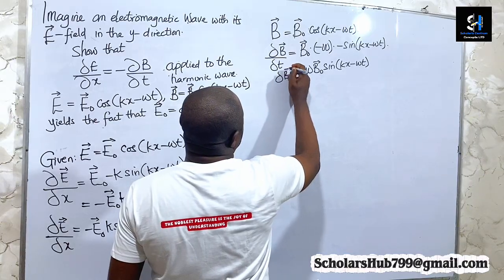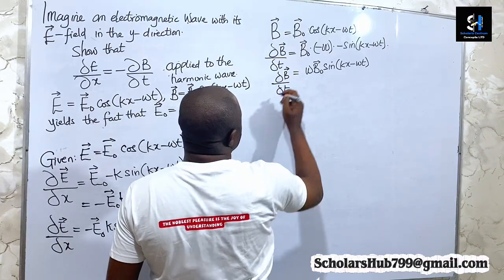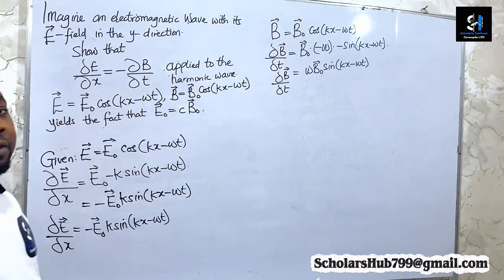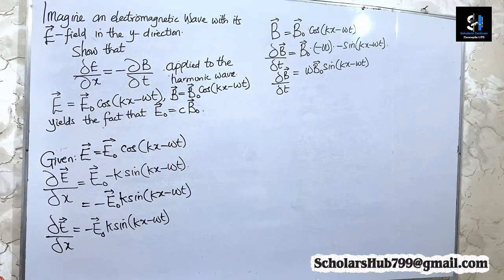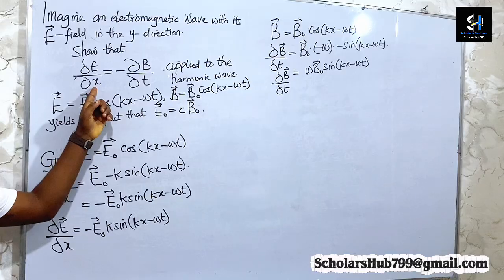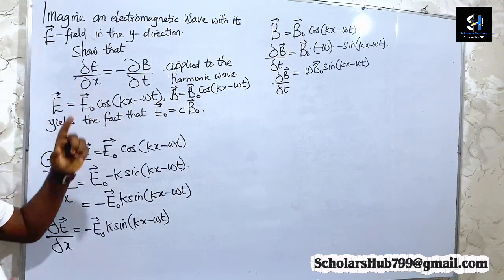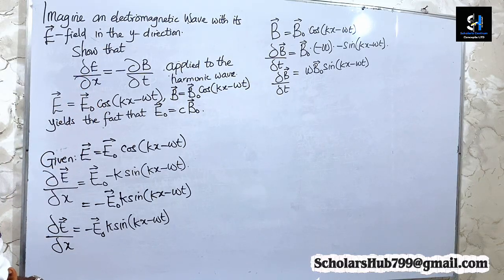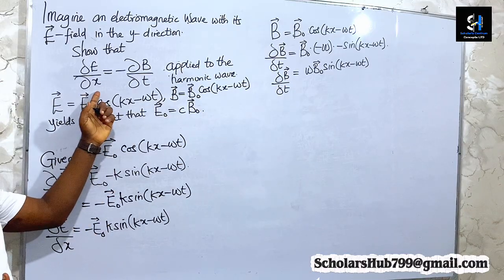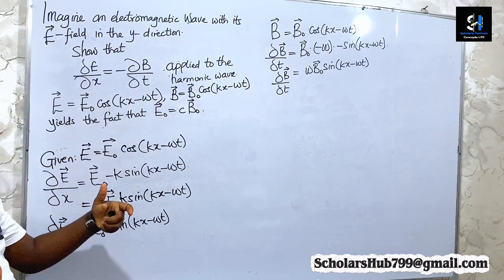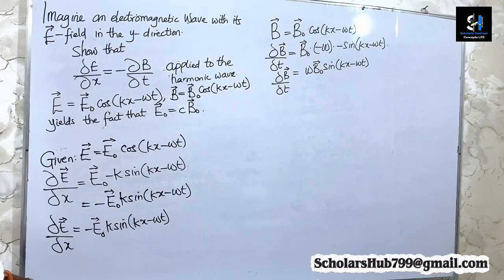That will be equal to the first partial derivative of the magnetic field function with respect to time t. Now, what we have here is that the first partial derivative of the electric field function with respect to x is equal to the negative of the first partial derivative of the magnetic field function with respect to time t.